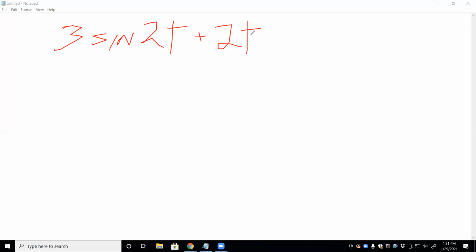So we have a function of t that equals that. The question asks, what's the average velocity over the intervals given? And then it says use it to approximate the instantaneous velocity.